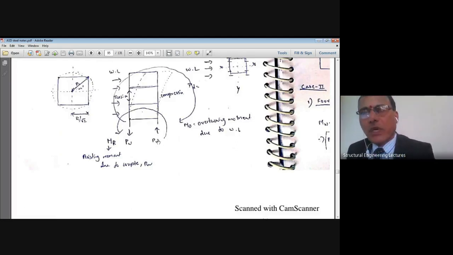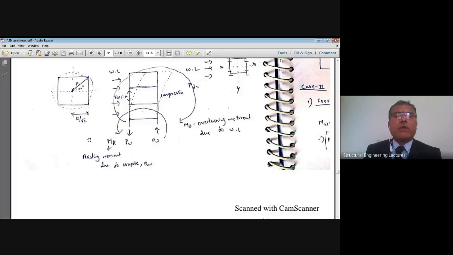If that is due to earthquake load, then you can say PAE, due to earthquake, or PAS due to seismic, as appropriate. Now I'm using PAW, additional axial load due to wind.